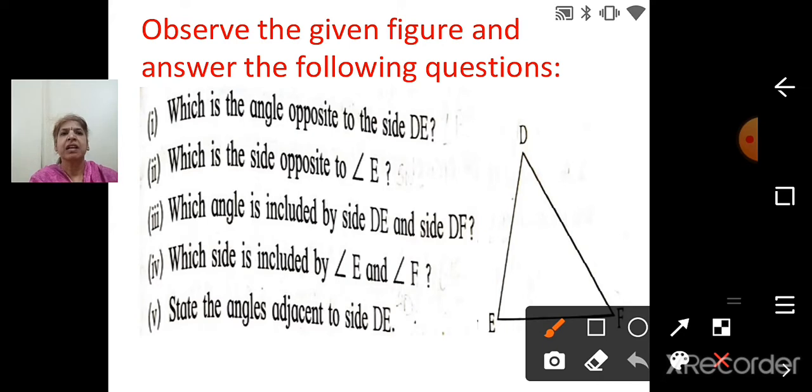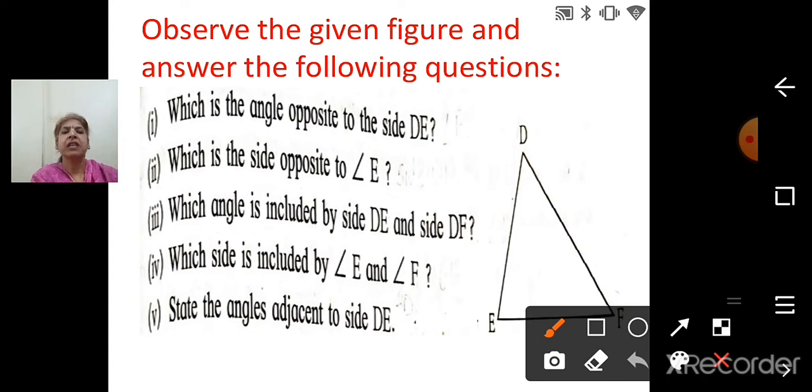Next is, which is the side opposite to angle E? Now this is the angle E. So side opposite to it is side DF. Which angle is included by side DE and side DF? So it is which angle? It is angle D or EDF.